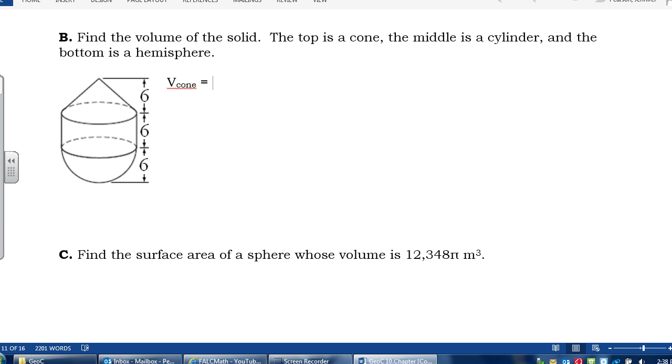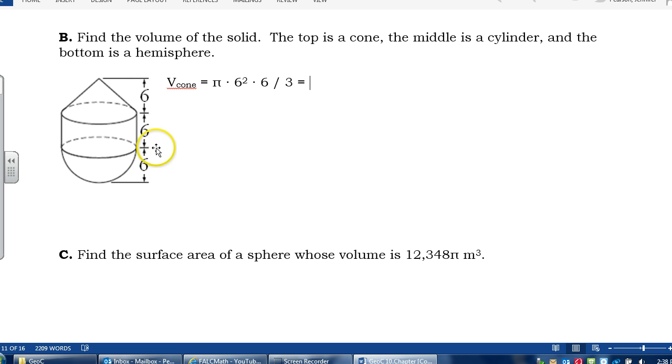from lesson 10.3, and that was pi times the radius to the power of 2 times the height divided by 3.